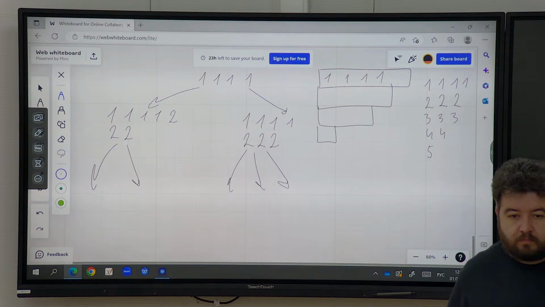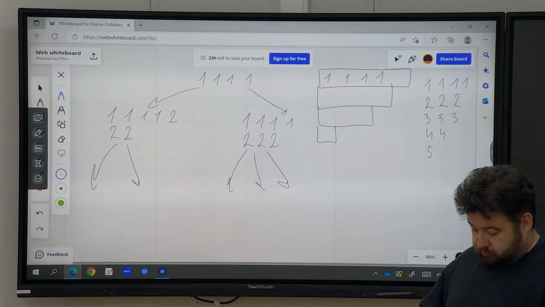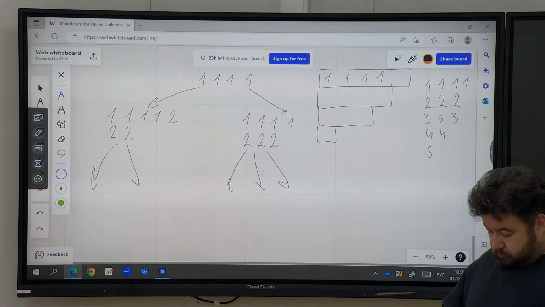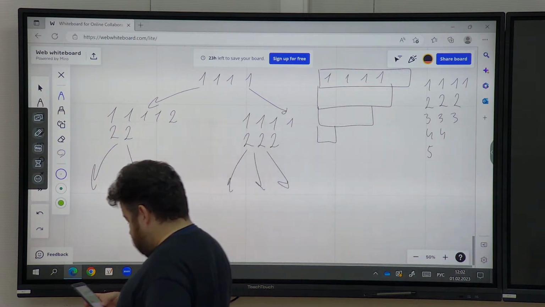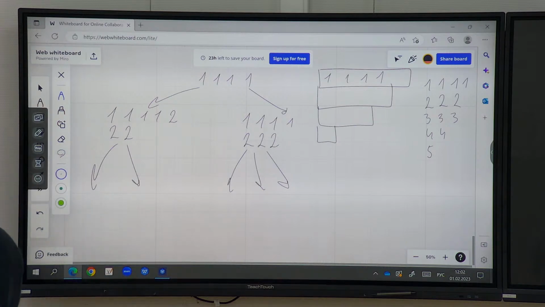Я думаю... Нет, первый, ладно, сейчас. Ну да, а тут, да, тут получается тяжко.